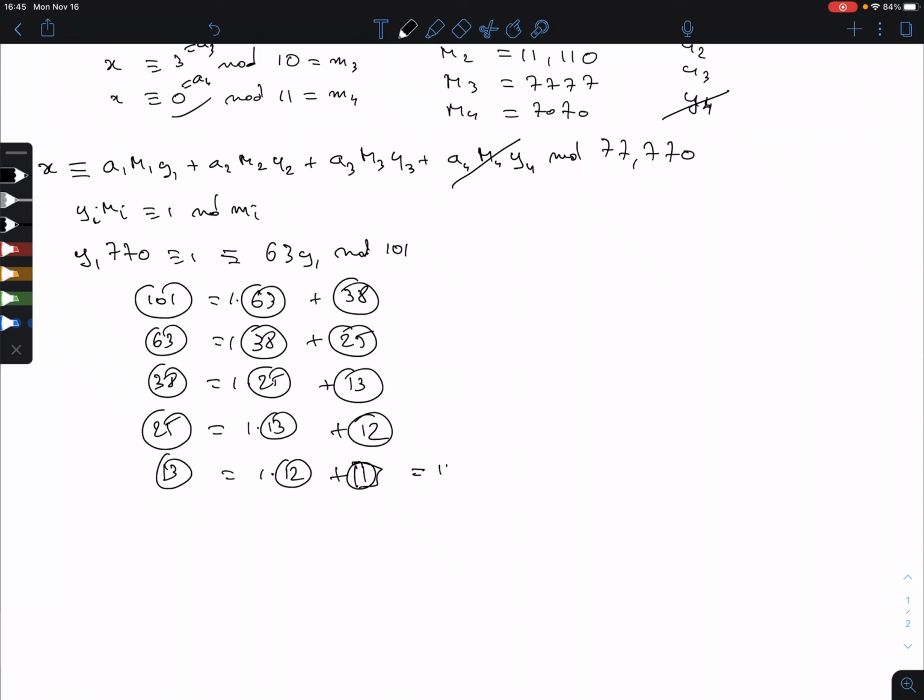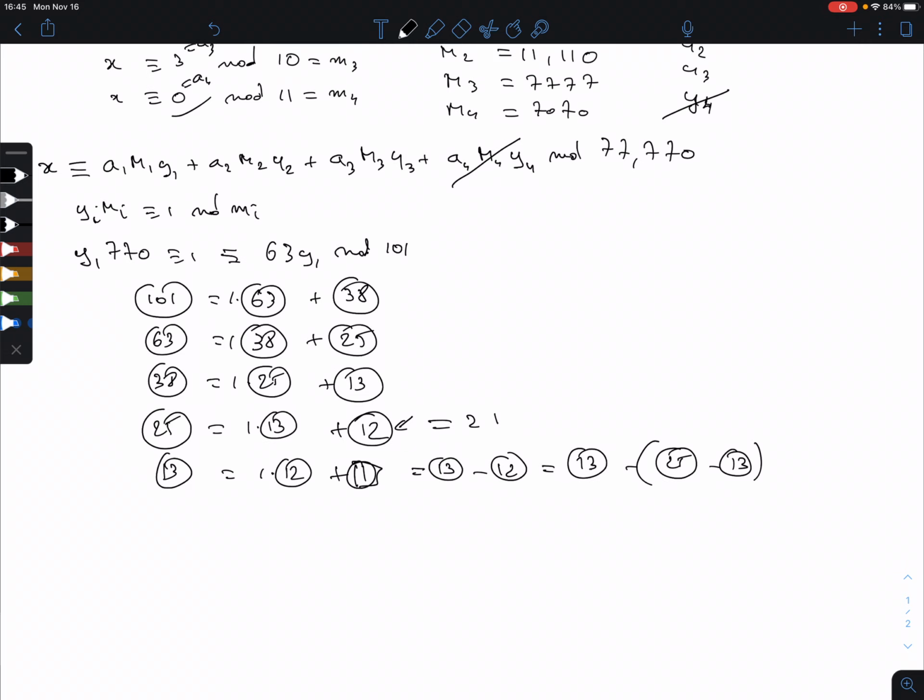So 1 is 13 minus 12, using this 12. This is the same as 13 minus (25 minus 13). So it's 2 times 13 minus 25. I'm going to replace 13 now. That is 2 times (38 minus 25) minus 25, which equals 2 times 38 minus 3 times 25.